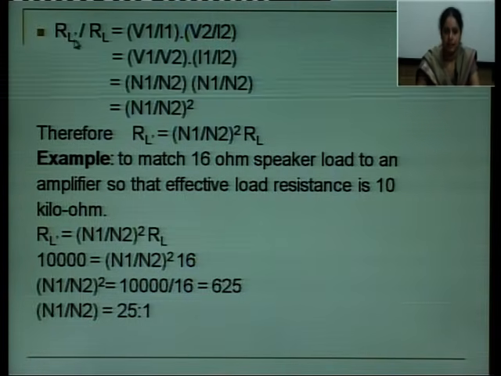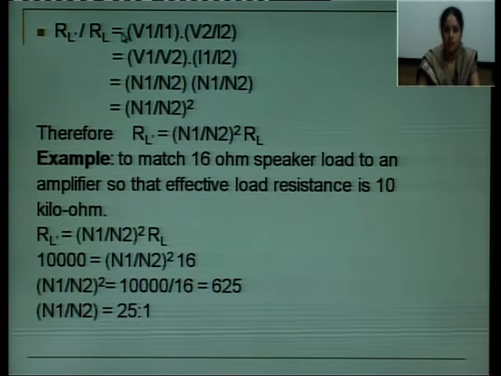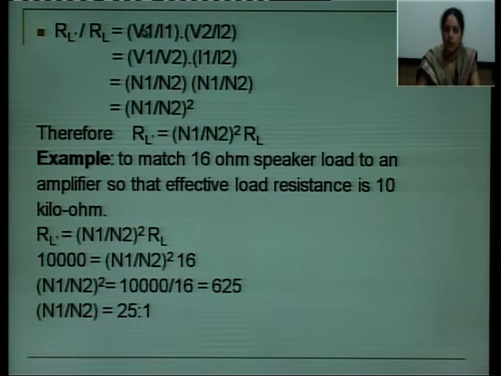RL dash, the resistance from the primary side, is equal to V1 by current I1 into V2 by current I2. After solving this, we have N1 by N2 into N1 by N2, so we get (N1 by N2) squared. Therefore, your primary side resistance is equal to (N1 by N2) squared into RL.